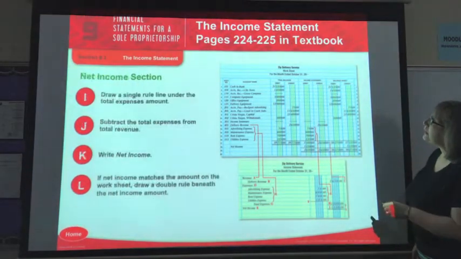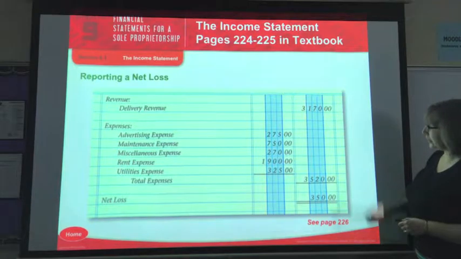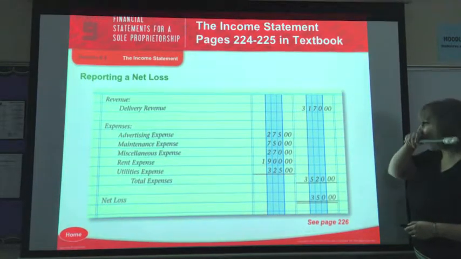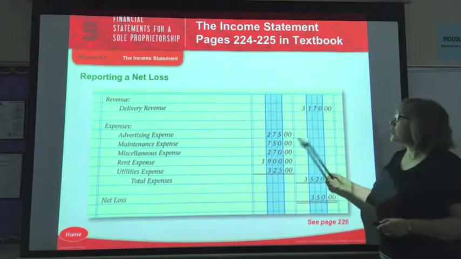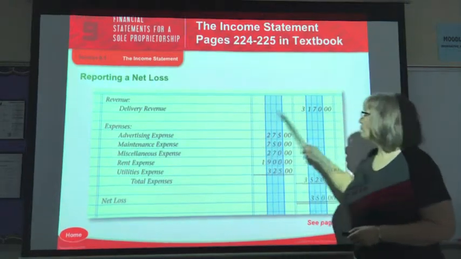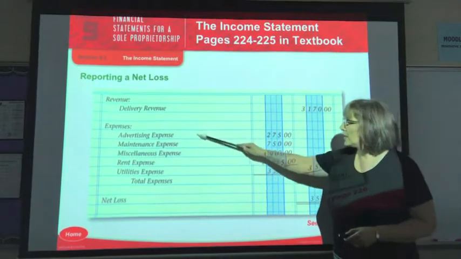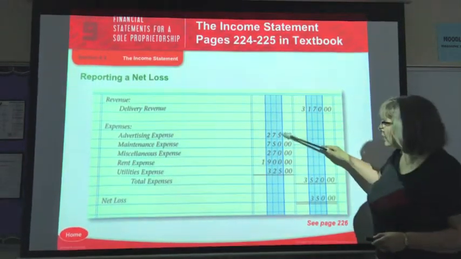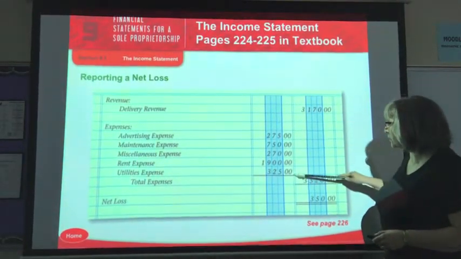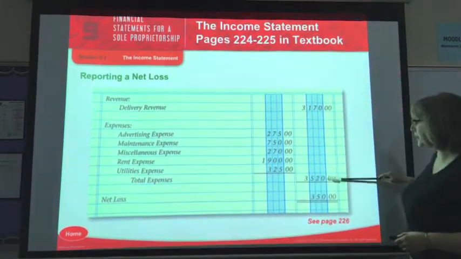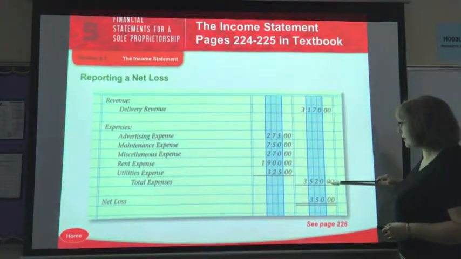Here I believe is an, oh, here it is in bigger format, sorry about that. Oh, nope, it's a net loss. So in this case, we had one revenue, so we brought the total all the way over. Here we had 5 expenses. We listed them first, put a single rule, and then brought our total expenses all the way over to the right-hand column.